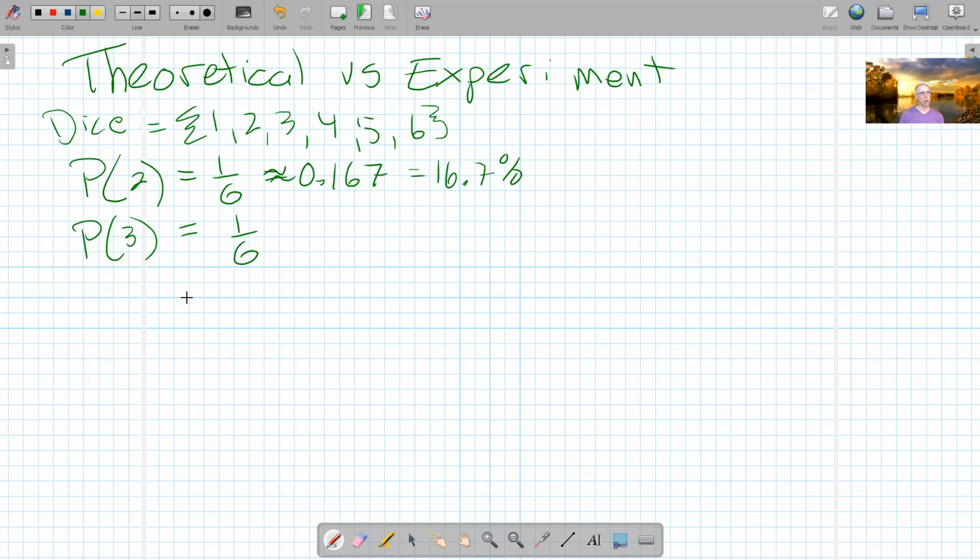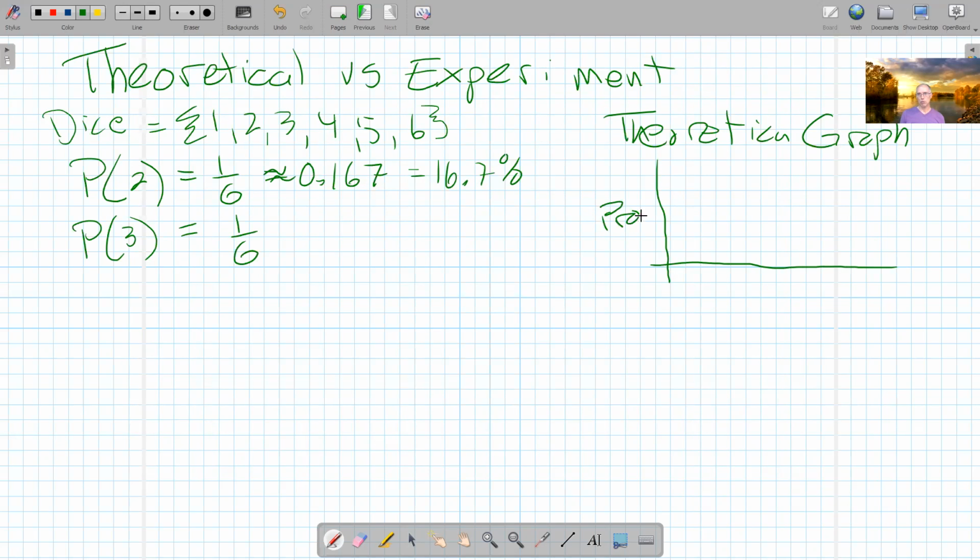So if I were to roll the dice 6 times, do I expect to get a 1, a 2, a 3, a 4, a 5, and a 6 in some order? The answer is no. I might see a few 1s. That's possible. So if I make a theoretical graph of the probabilities, here I have probability, and here I have the roll.